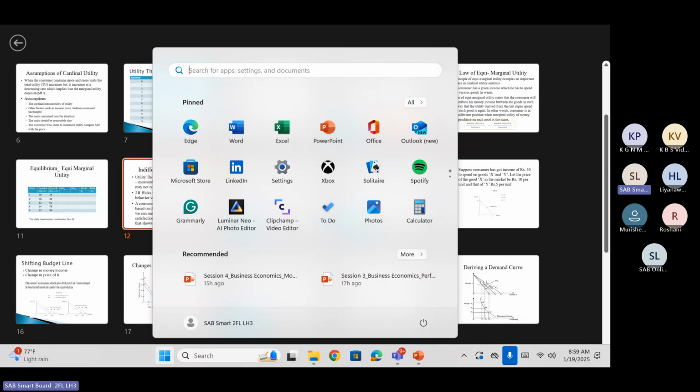Can you see the screen, students? Can you see the screen, those who are participating online? Can you hear me? Yes, sir, we can see the screen. Okay.